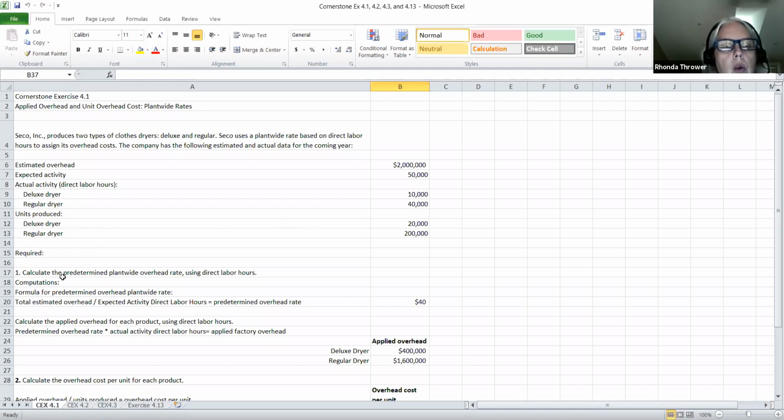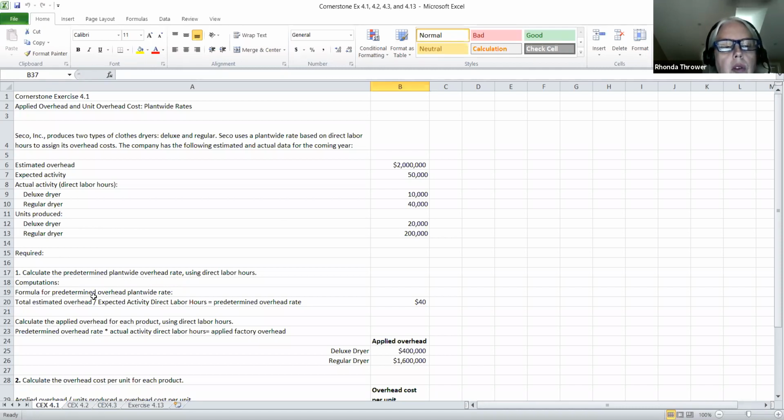So first of all, we have to calculate the predetermined plant-wide overhead rate, and we will be using direct labor hours to do that. This would be done at the beginning of the period before we have incurred any cost for the period.